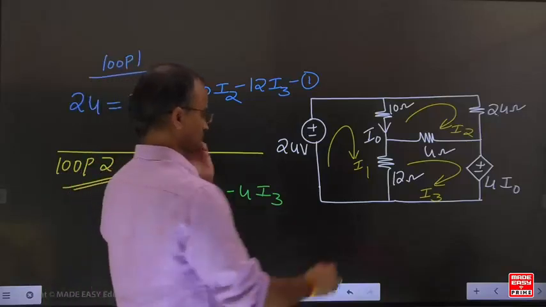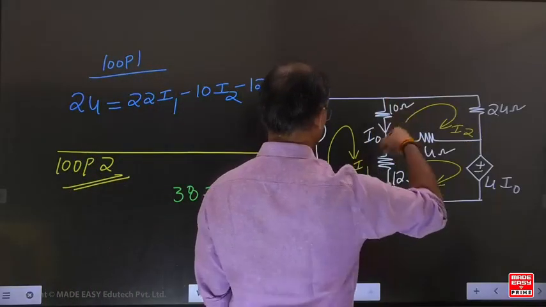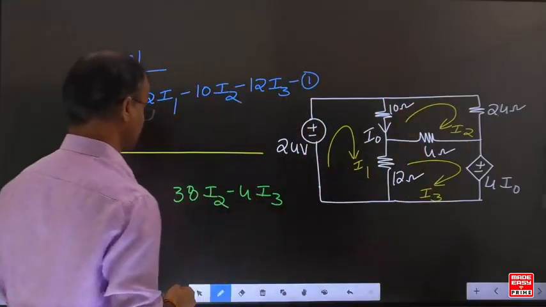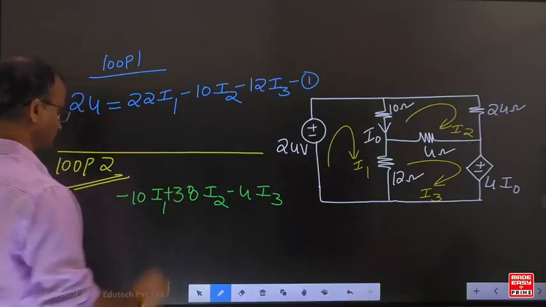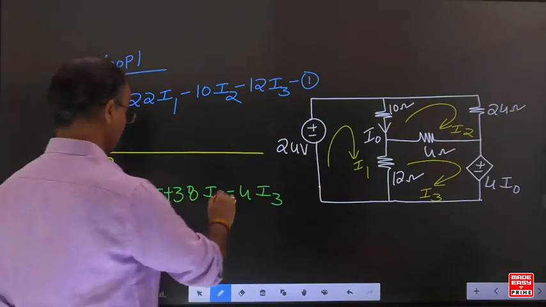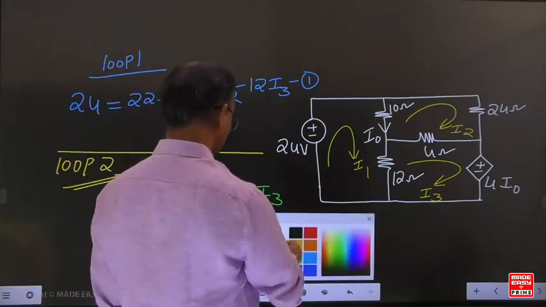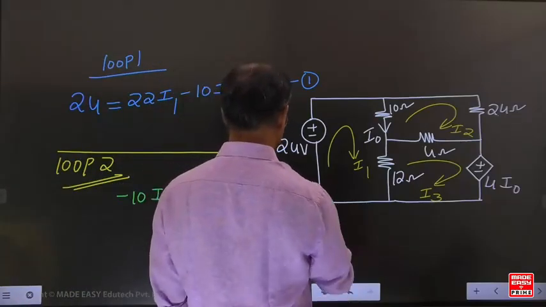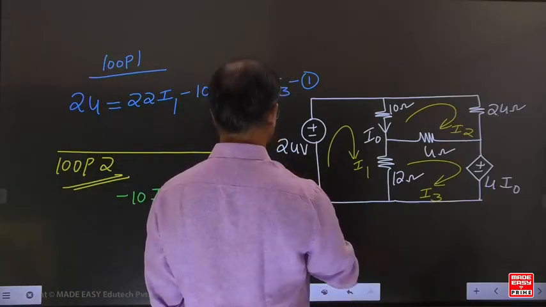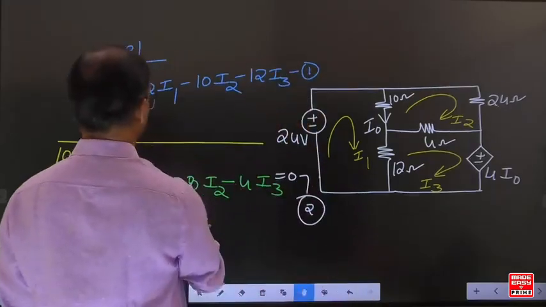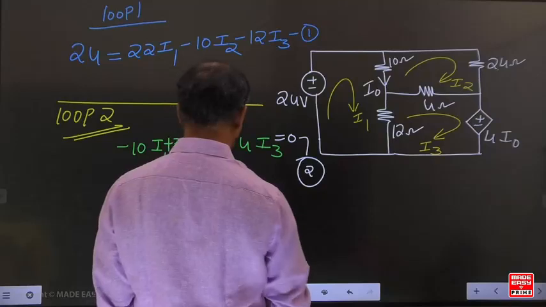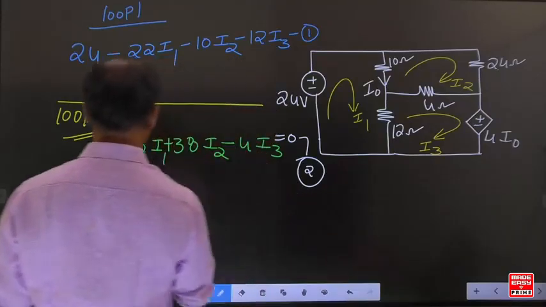Now in the 10 ohm resistance, I2 and I1 are in the opposite direction. Minus 10 I1. Now this entire equation is equated to 0.